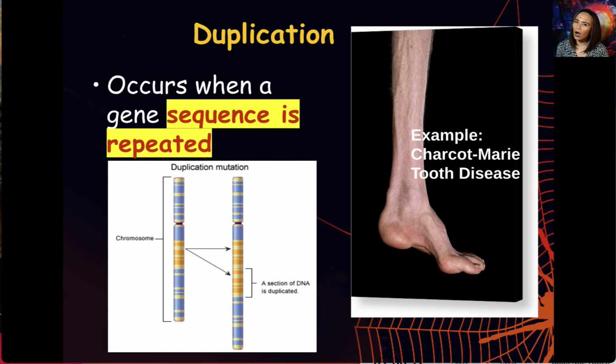An example of a disease caused by this mutation is Charcot-Marie-Tooth disease. It doesn't have to do with the tooth, but it causes a high arch in the foot of the person, and most of the time this mutation causes the person to not be able to walk.